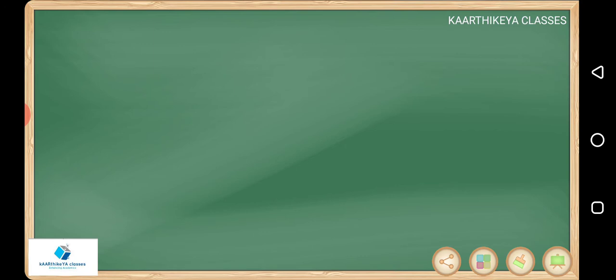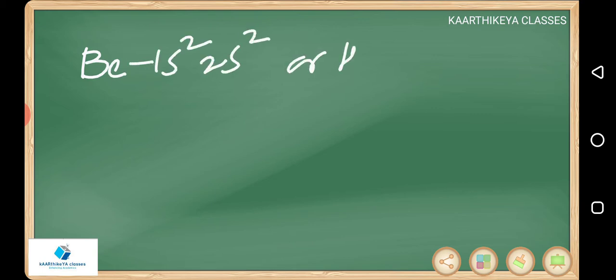Like this you need to go up to 30 elements. In all your books it will be given. Beryllium 1s2, 2s2, or you can simply say helium 2s2. In place of 1s2 you can write the noble gas configuration.